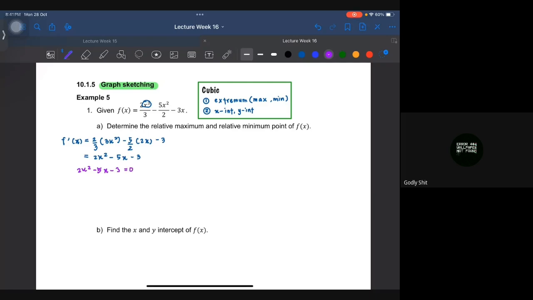Sebab awak bukan nak cari inflection, so ambil first derivative terus buat equal to 0. Okay, so from here we can factorize. So you have 2x plus 1 dengan x minus 3 equal to 0. Okay, so we have two values of x equal to negative 1/2 dengan 3.